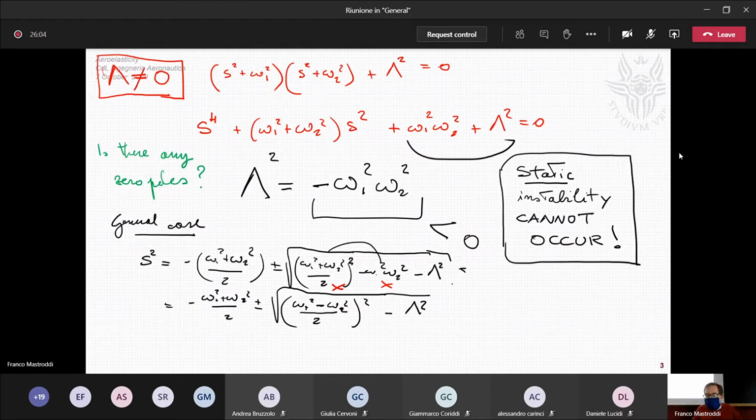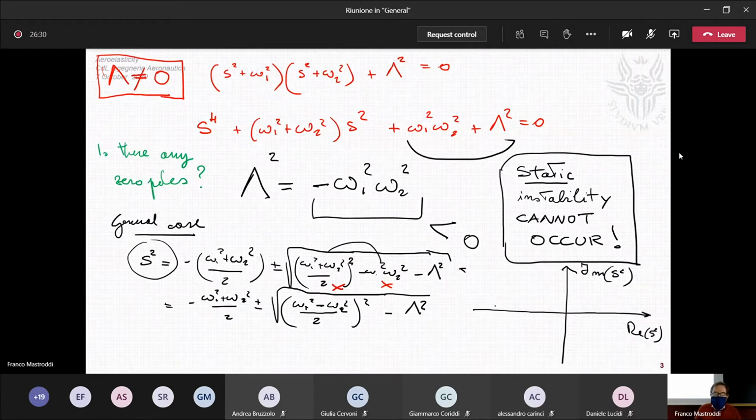So a third discussion that I have is the discussion not on the poles, but on the square of the poles. So imagine a plane with the real part of the square of the root and the imaginary part of the square of our root. So this solution here: for lambda equal to 0, you have two negative solutions.